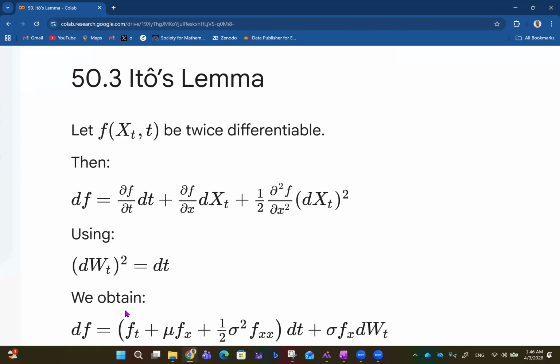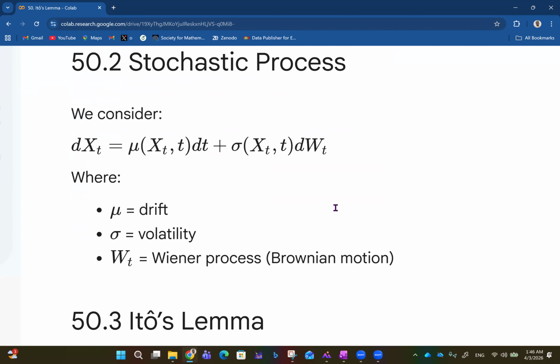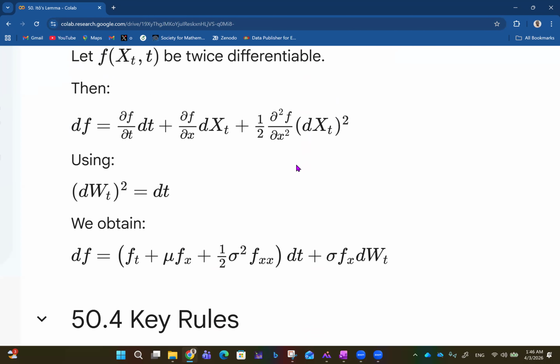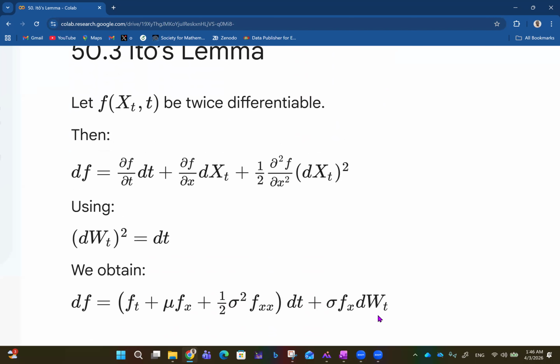After this expression, you can bring in this whole expression, and that ends up giving you all of this. Of course, dX_t will have to be expressed in terms of dW_t, like we have it here.